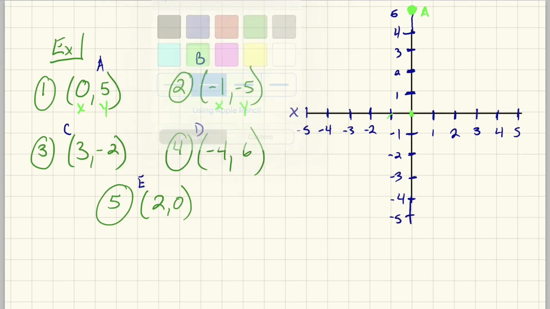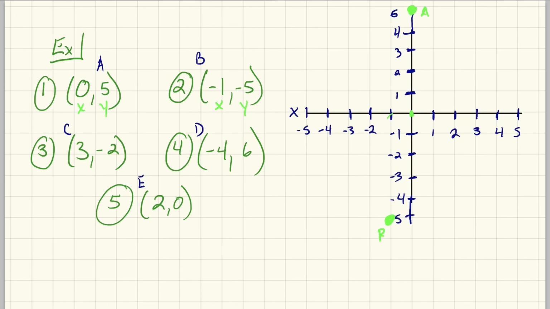So started left 1, then down 1, 2, 3, 4, 5 spots, make a dot, and that's where B is.